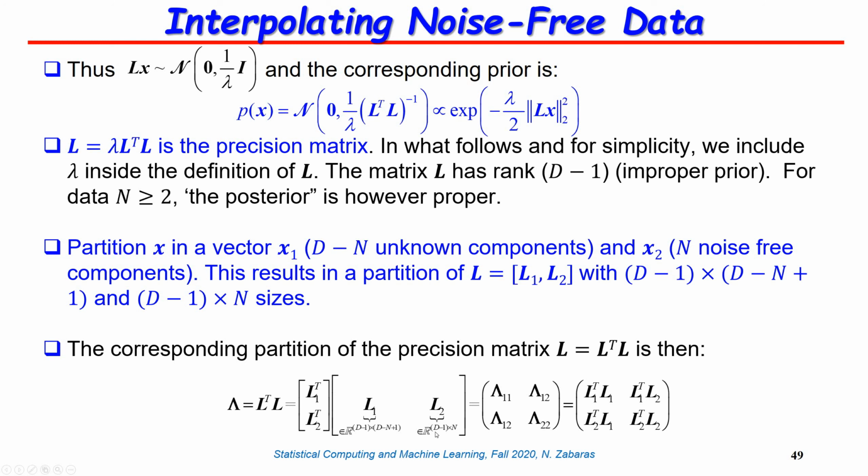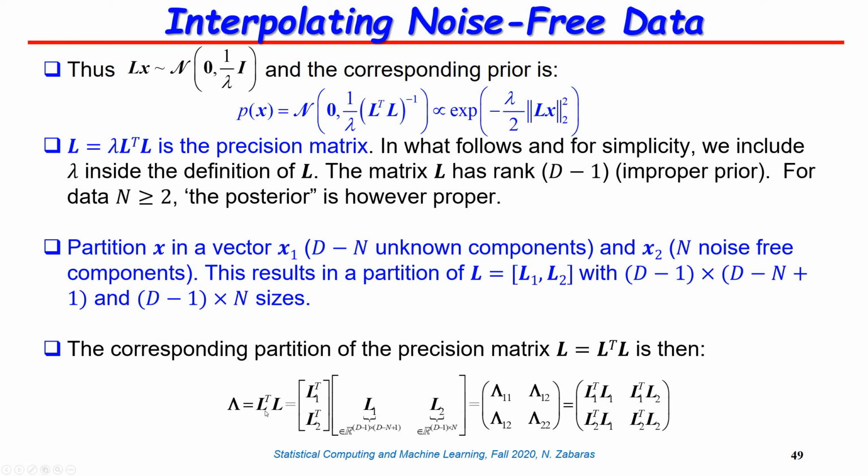If you do that, this implies a similar partition of the matrix L into a matrix L1 of dimensions d minus 1 times d minus n, and a matrix L2 of dimensions d minus 1 times n.